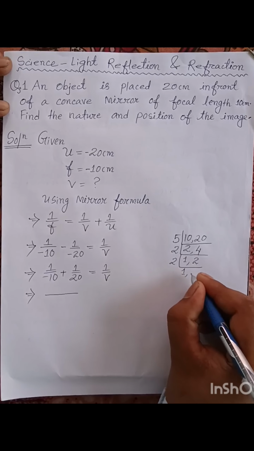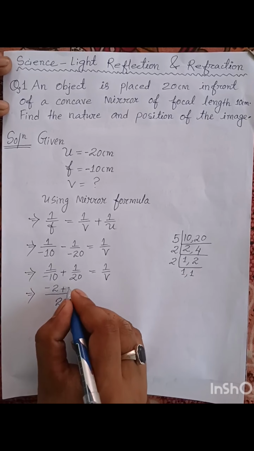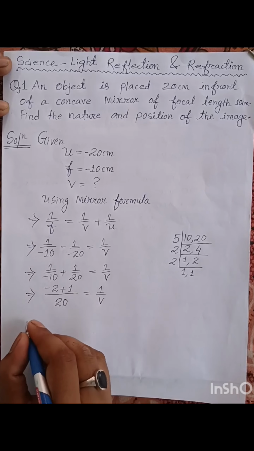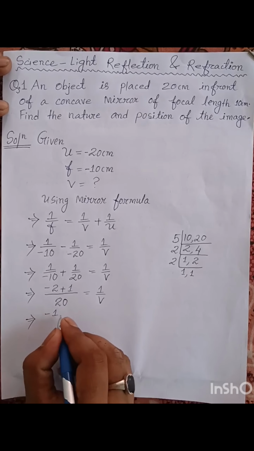Now you check the denominator. Here we have minus 10. So 10 times 2 is 20, so 2. But here we have a minus sign, so minus 2. Plus 20 ones are 20, so 1. Equal to 1 by v. Minus 2 plus 1 is minus 1 by 20, equal to 1 by v.